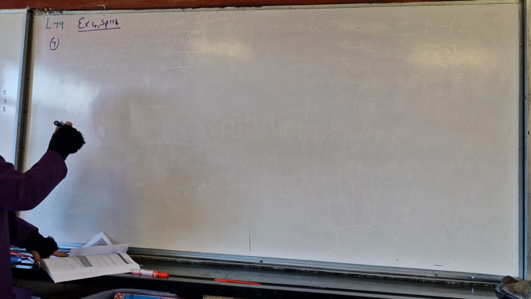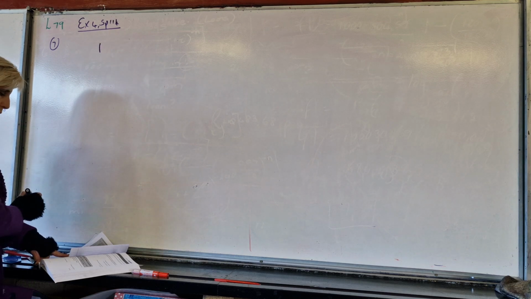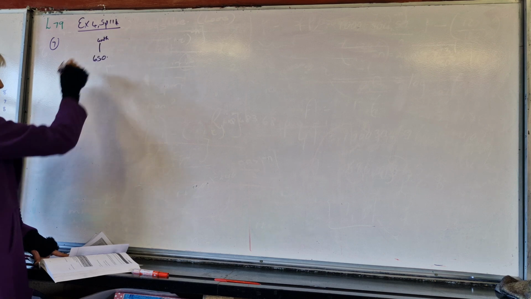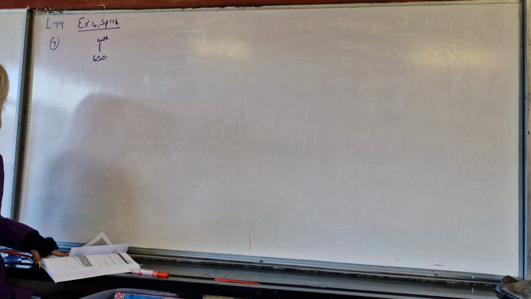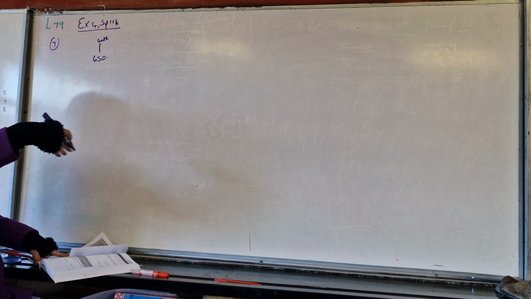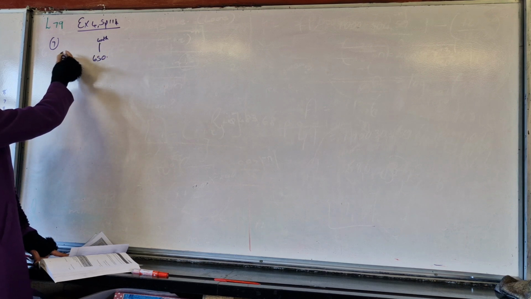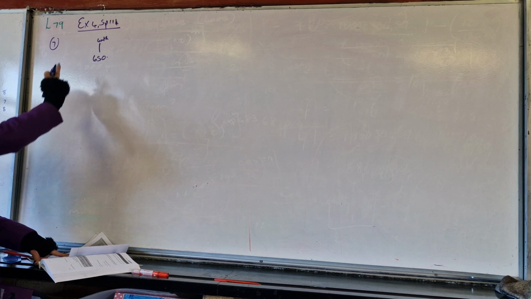Okay, so after 4 months, you're paying your first 650. Is this a P sum or is this an F sum? F sum, because you are saving 650, 650. Is there interest here?